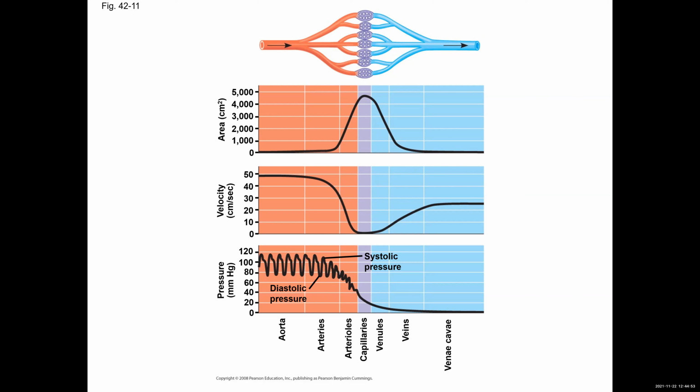Right. So what's happening when we go through a capillary bed isn't that, it's the opposite. Right. So we're going from having a small cross-sectional area to having a large cross-sectional area. What's going to happen? The rate of flow is going to slow down. Right. The rate of flow of blood is going to slow down in the capillaries. So we see that on the second panel.